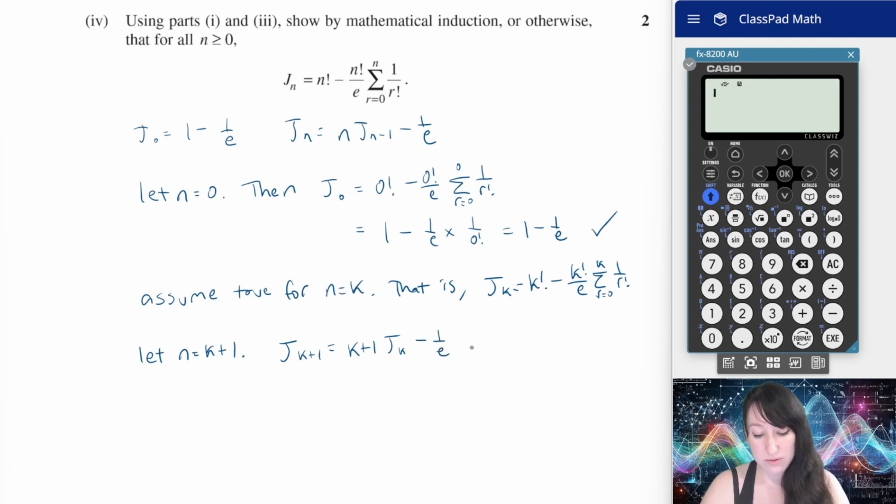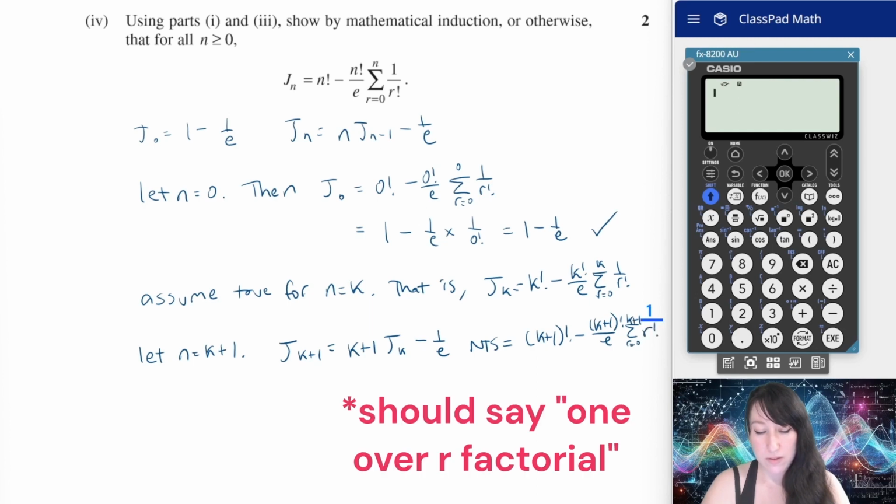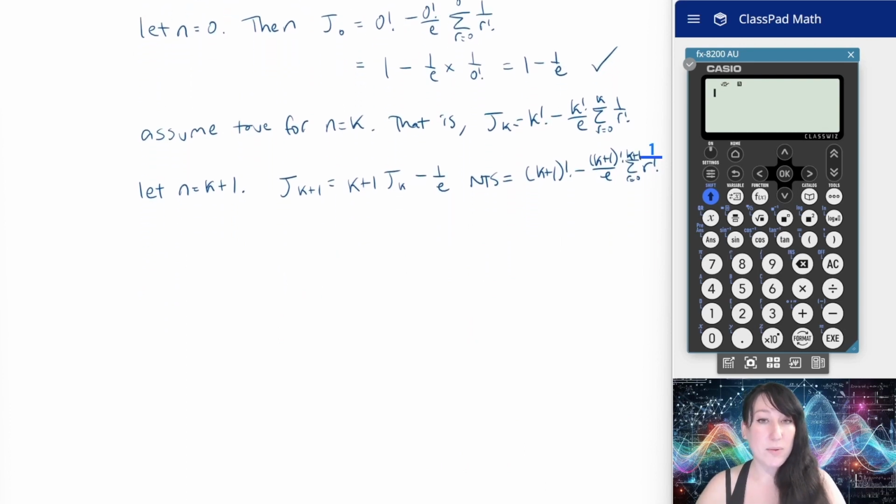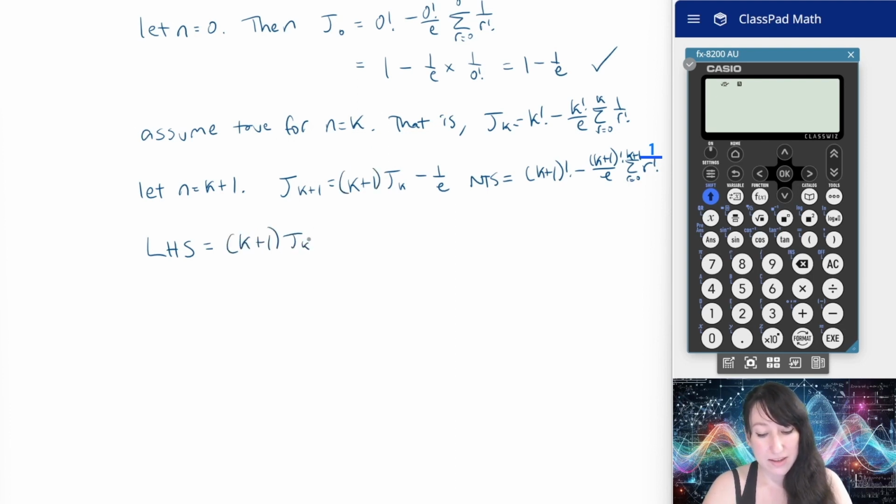And we need to show that it's equal to k plus 1 factorial minus k plus 1 factorial over e times the sum from r equals 0 to k plus 1 of 1 over r factorial. So let's start with the left-hand side, that J(k plus 1) is k plus 1, in a bracket, times Jk minus 1 over e.